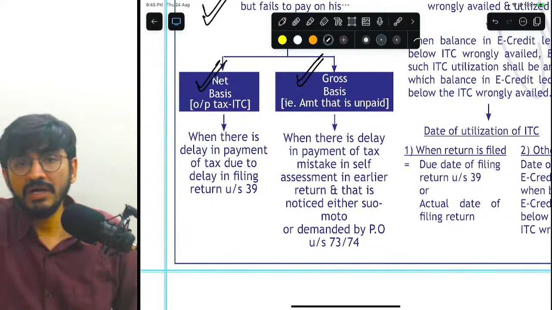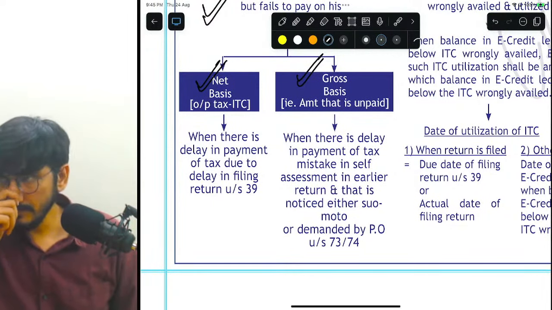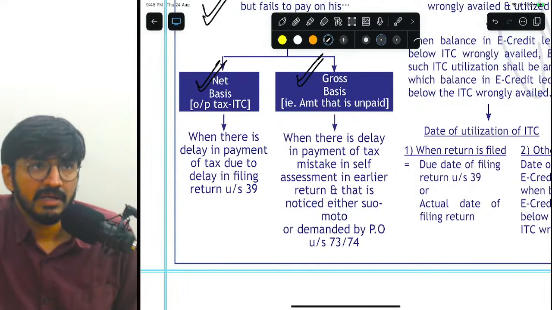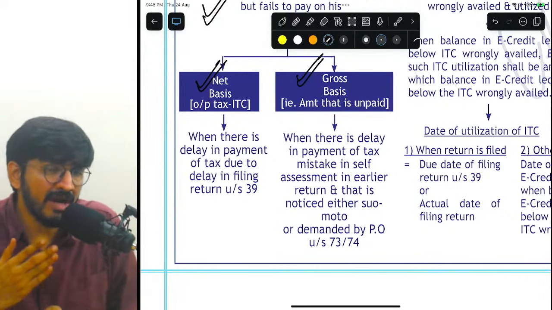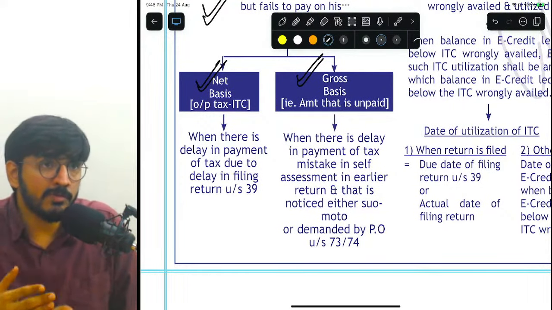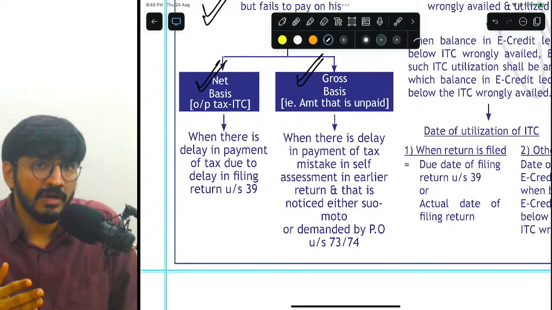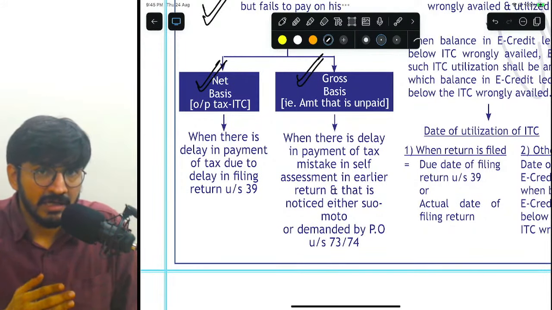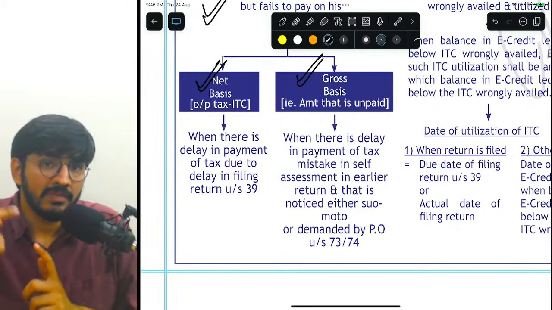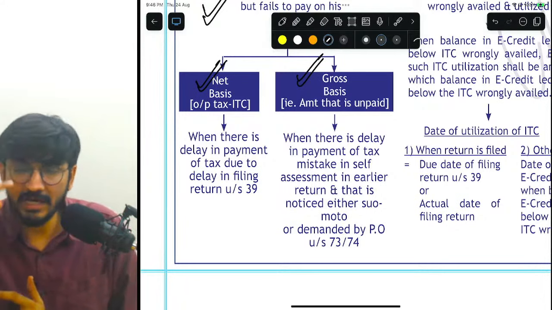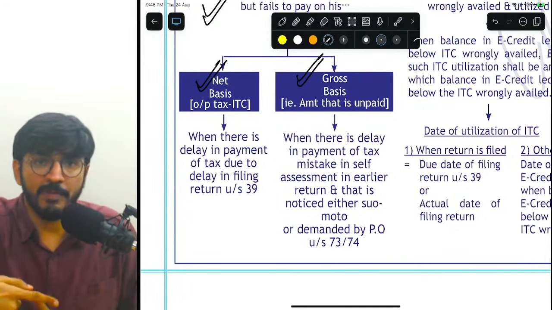Understand very clearly, let's say for example, for the month of January, I was supposed to file return on 20th Feb, and I filed it on 20th Feb, but I was supposed to pay 10 lakhs, but instead of 10 lakhs I've only paid 8 lakhs. Now I get a demand order from the proper officer under 73/74 in the month of December that, listen, this is the January liability that you were supposed to pay 10 lakhs, but you have paid 8 lakhs.